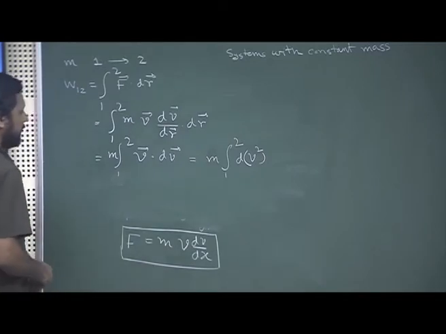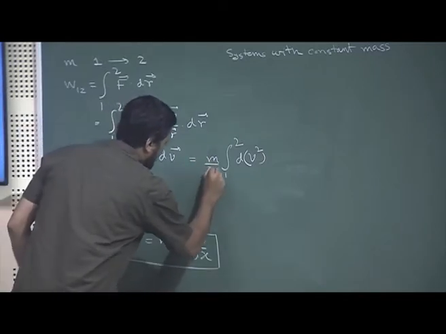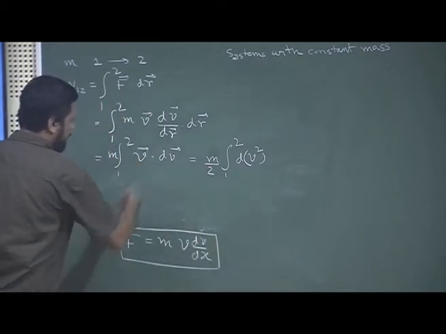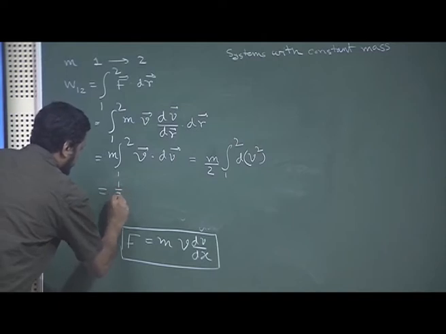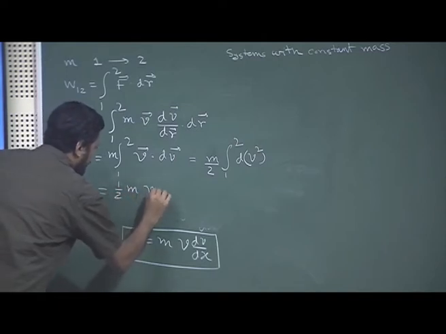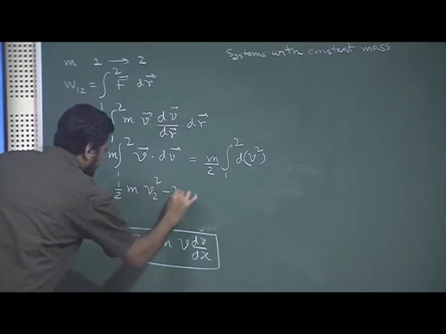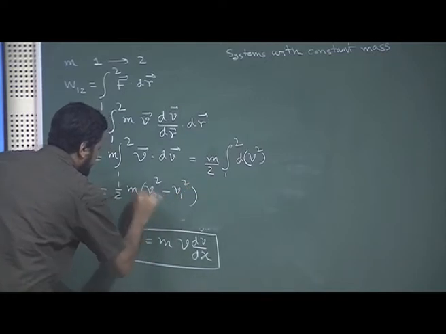There will be a factor of 2 coming here because of this change in notation. So, it will give us half m (v2 square minus v1 square).